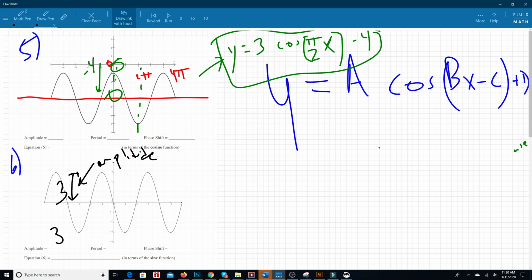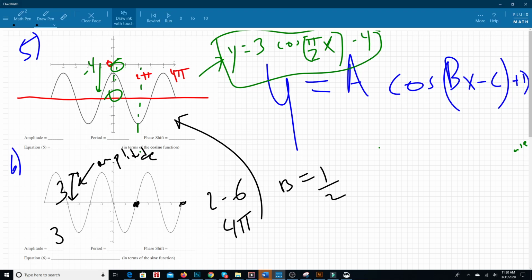So the period is going to be 1/2 again. And we'll see why, because essentially from here to here is from 2 to 6, which is a 4 pi period. You saw above a 4 pi period had a b value equaling 1/2.